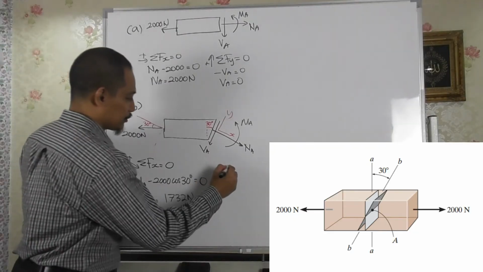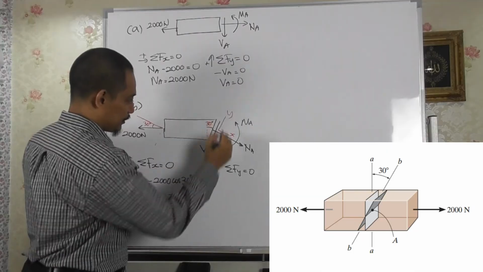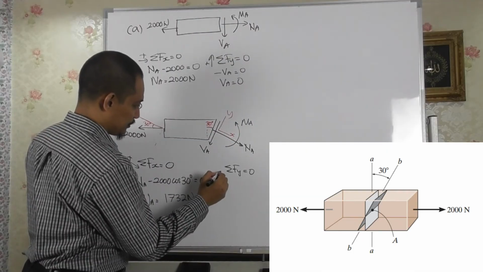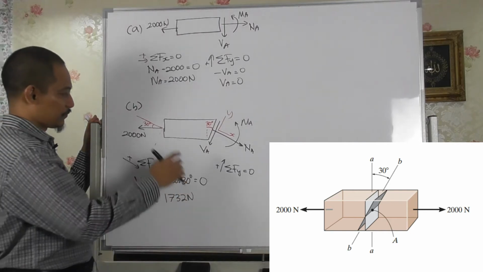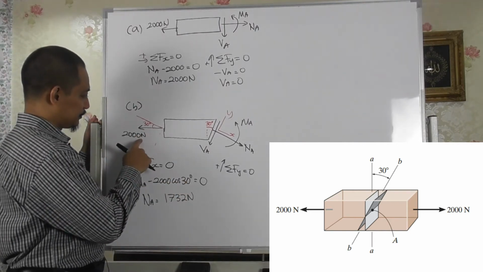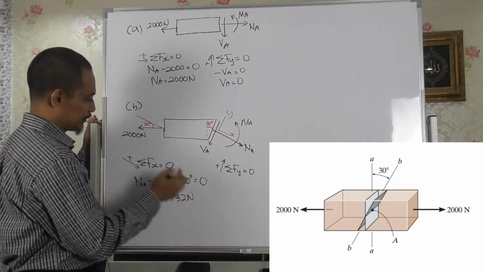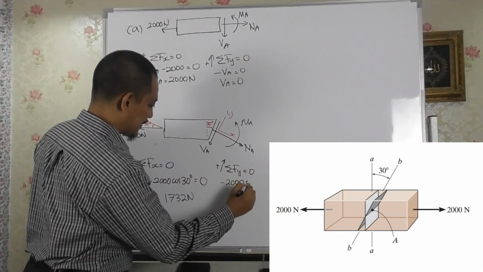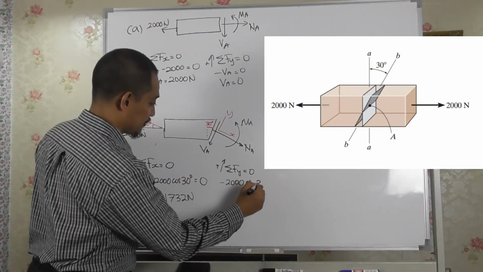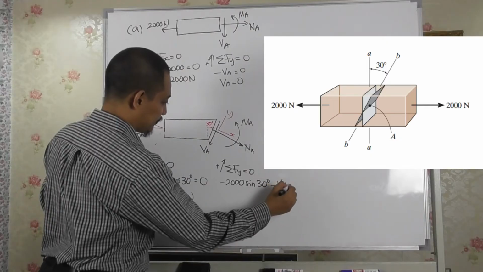And then if you do summation of Fy equal to 0, with y taking upwards that way, this one will be having a negative direction. So it'll be negative 2000 sine 30 and minus VA equal to 0.